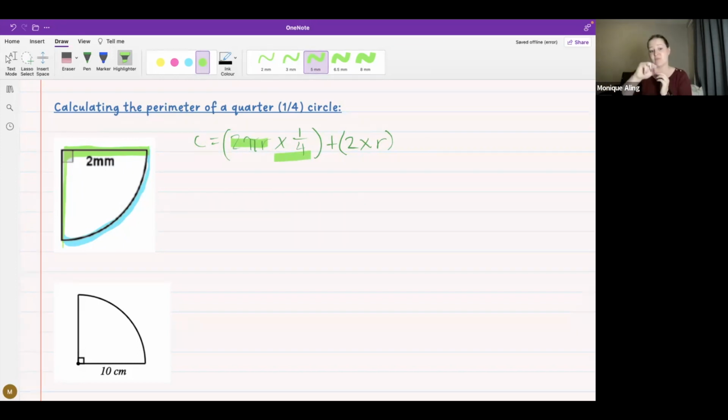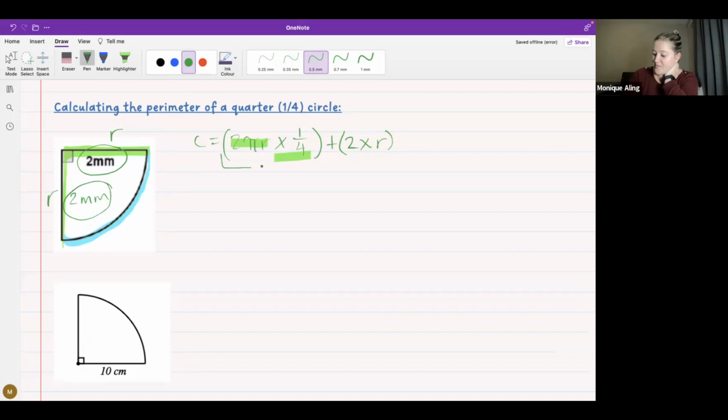We have 2 radiuses, which can also be seen as one full diameter, but it's not visually the same. Okay, so we have a radius on this side and a radius on this side. The radius is 2 millimeters. That side and that side. So the bracket is going to give us the perimeter of the curved section. And then we add our radius, because remember, for perimeter, we add all the sides together. We have 2 flat sides and 1 rounded side.